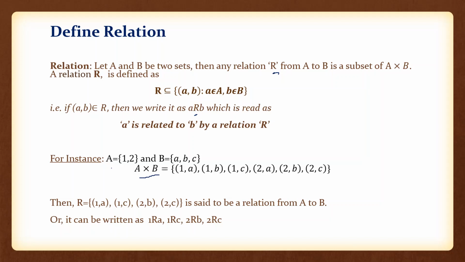So now we check. The first pair is (1, a). We have to check whether this pair of R belongs to the Cartesian product or not. Let's check. (1, a) is there. Okay, that means it is there. So (1, c). Let us see if (1, c) is there or not. Yes, (1, c) is also there.